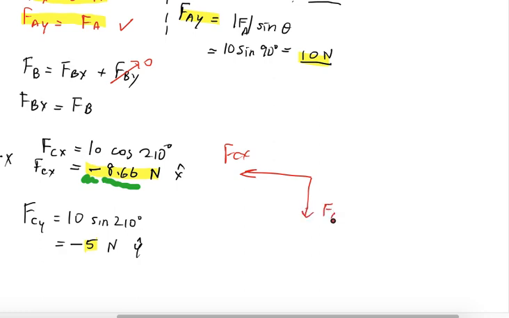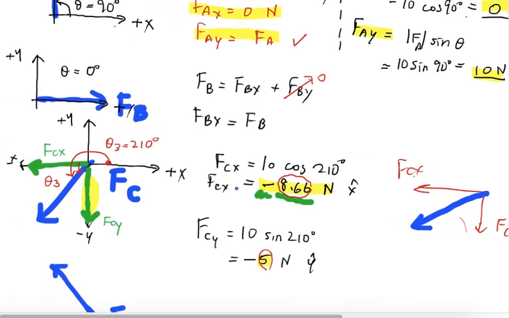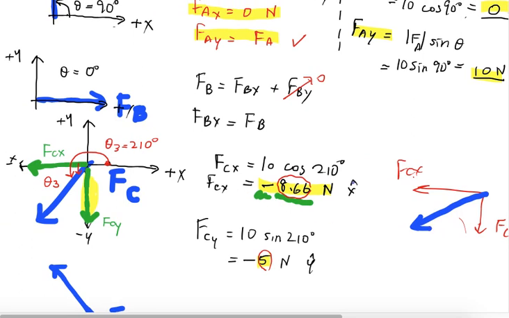So this is FCY. Why shorter? Because this is 5. Your CX is 8.66. So therefore, the resultant vector of FC, when you add those two components up, you're going to get a vector that is in this direction. Okay, this direction. So does it have the same drawing as before? Yes.